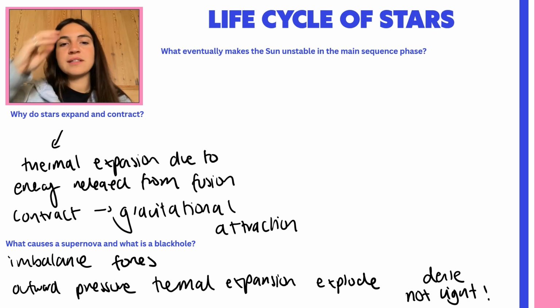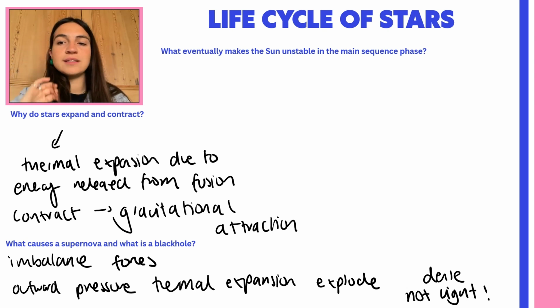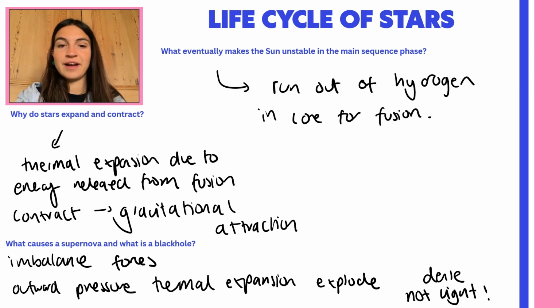Okay, what eventually makes the sun unstable in the main sequence phase? This is to do with what is powering the sun through the main sequence phase, and that is the release of energy due to hydrogen fusing together to form helium. Eventually you run out of hydrogen in the core to be used for fusion.